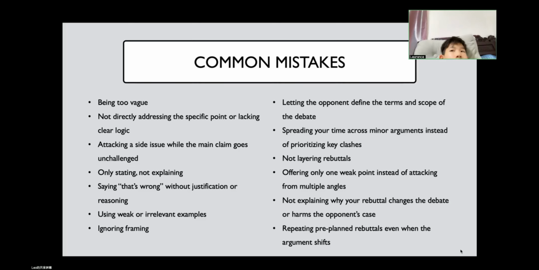For example, if the opponent says that school uniforms are good because they can improve the grades, and your rebuttal is, no, I think that school uniforms are bad because of something. In this case, you are not directly addressing the point, and the judge or the opponent might use this as an advantage over you.